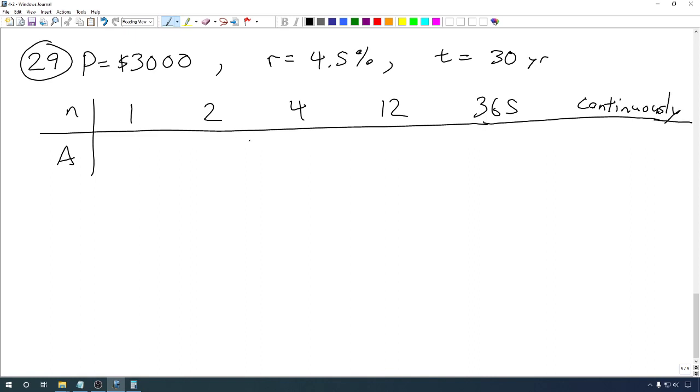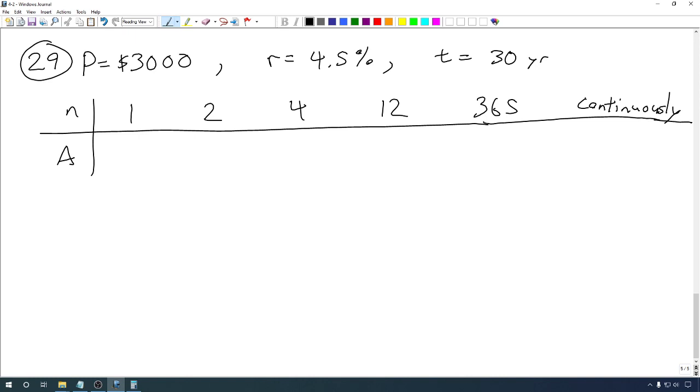These numbers were not chosen randomly. This would be if you're only going to compound your interest once per year. It's a yearly compounding. This would be semi-annually. This would be quarterly. This will be monthly, daily, and then obviously continuously.